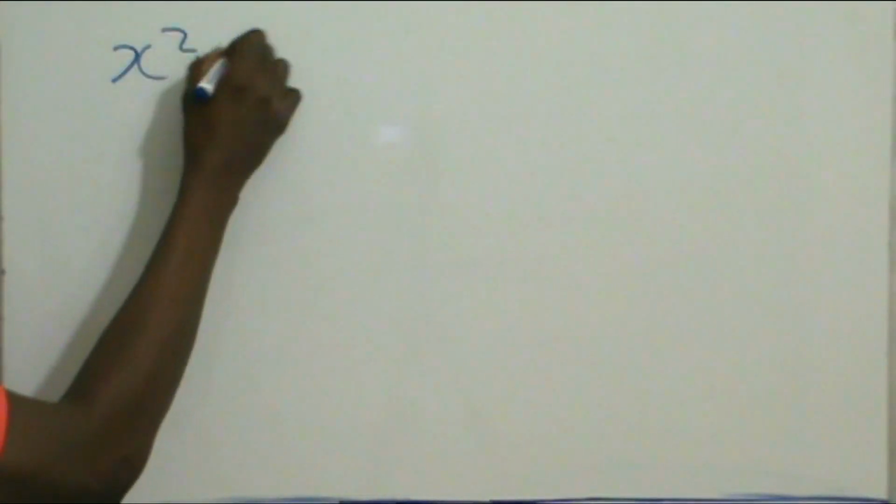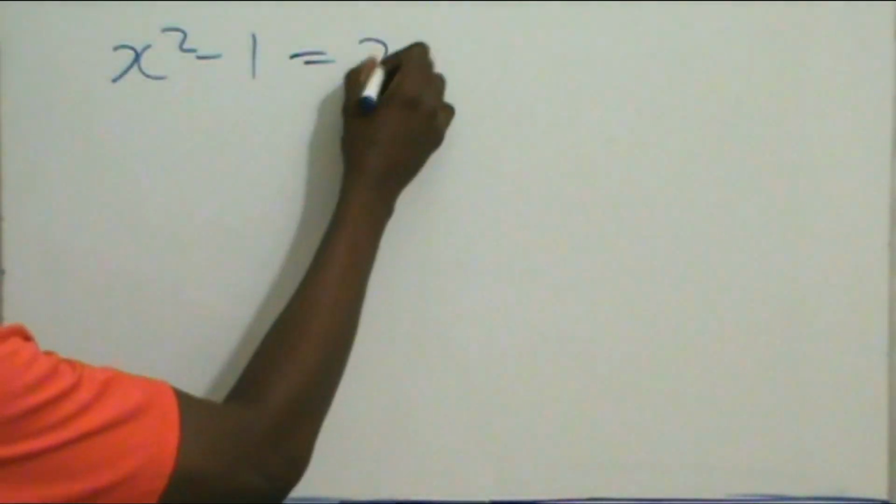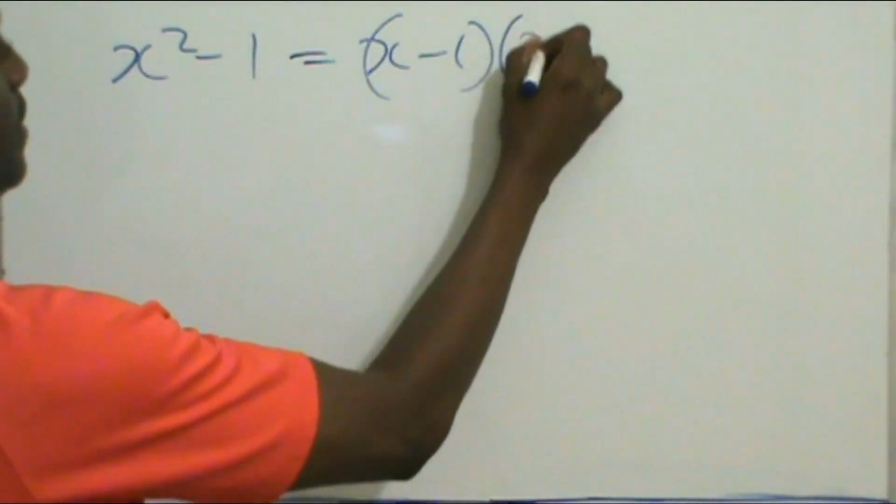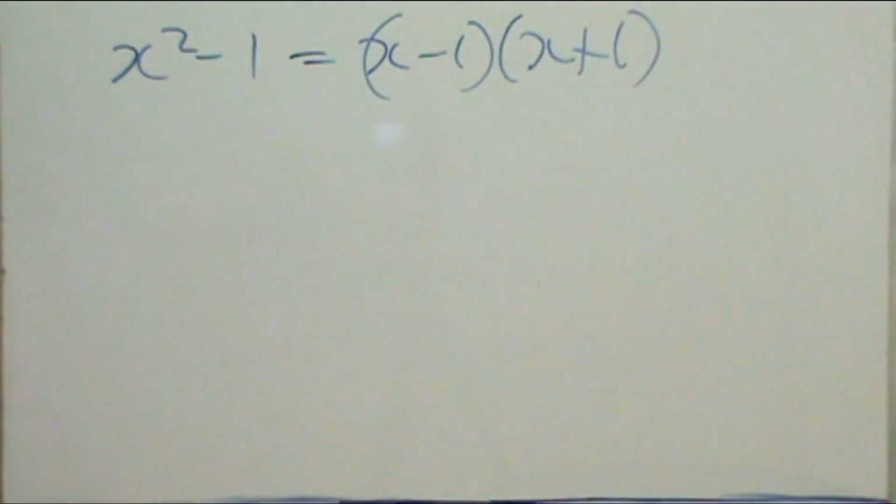Okay, so let us now go into some examples of factorizing the difference of two squares. So let us start with the simplest possible example. If they ask us to factorize x squared minus 1, alright, x squared minus 1 is simply equal to x minus 1 into x plus 1.